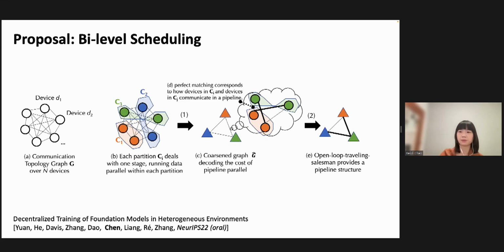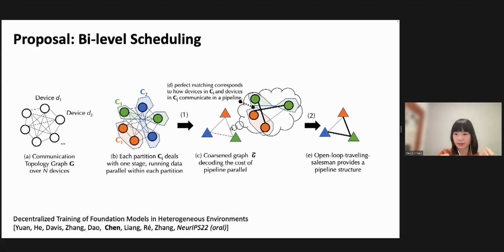Even this subproblem of finding the best pipeline parallelism strategy is close to the hard open-loop traveling salesman problem. To capture the complex communication costs for training foundation models, we formulate this problem by decomposing the cost model into 2 levels.